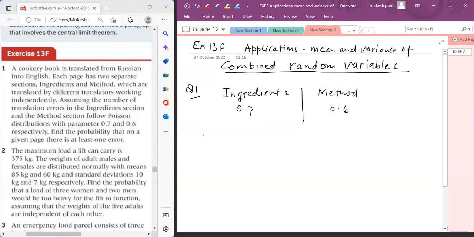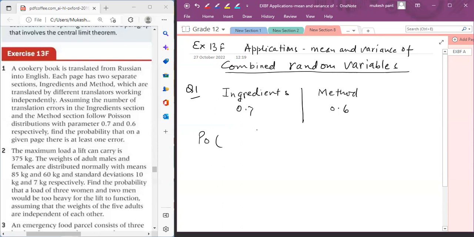Okay, the Poisson distribution. Remember, we have 2 different portions. One is the ingredients, the other one is the method, right? And we have to find the probability of an error. The error may be in ingredients or in method, anywhere. So it means we are looking for the combined random variable.